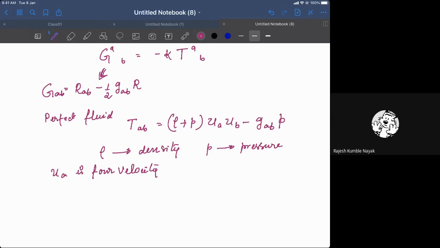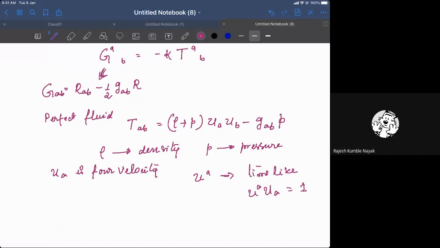So you can have a four-velocity. This is a time-like fluid, where U_A is time-like, and in our case, for time-like, you have U_A U^A equal to 1. You could have a null fluid too. Null fluid means radiation or light.